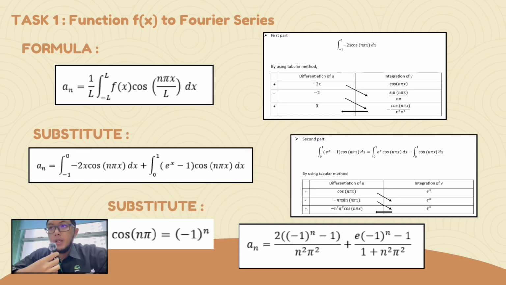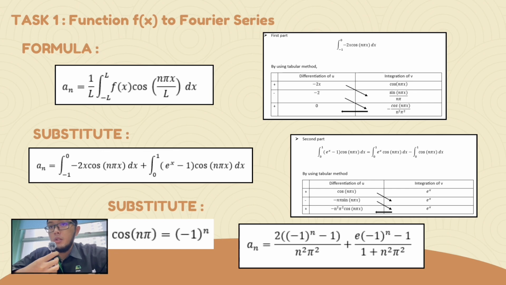Okay, to find an, the formula is 1 over L, integral from negative L to L, of f(x) cosine of n pi x over L dx. Since we have a piecewise function, we need to separate the integral into two integrals: from negative 1 to 0, where the function is negative 2x, and from 0 to 1, where the function is e to the power of x minus 1.